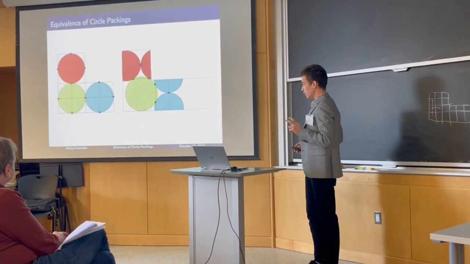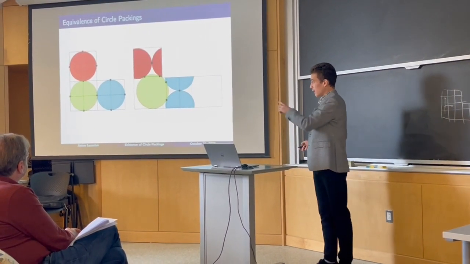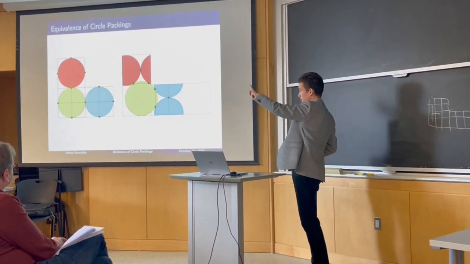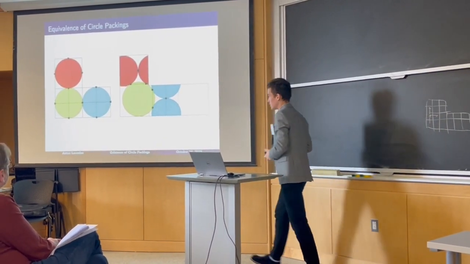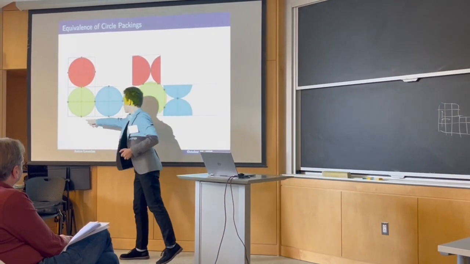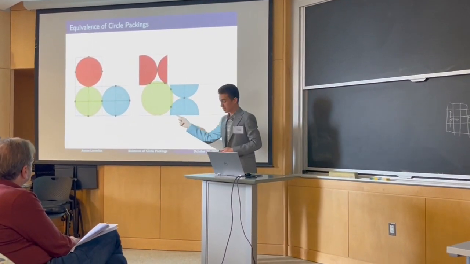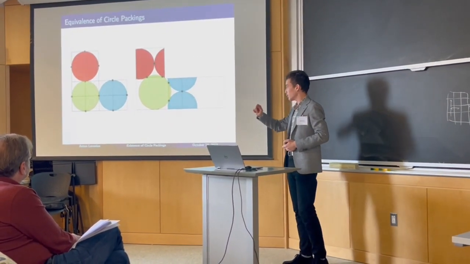However, we do not consider them equivalent. To see this, we see that, for example, the yellow circle and the red circle are tangent twice. And there is this segment right here connecting these two tangency points. And there is a similar segment connecting the tangency points of the yellow circle and the blue circle in the diagram to the left.